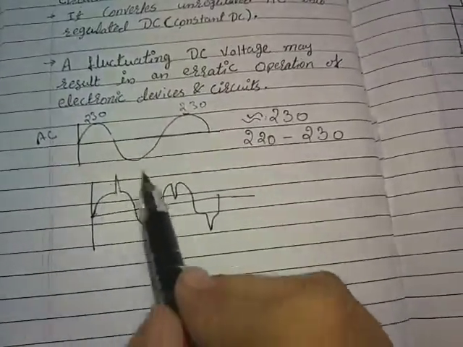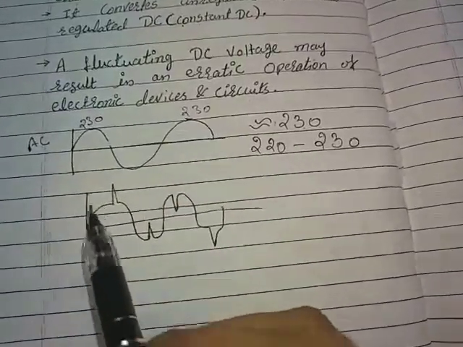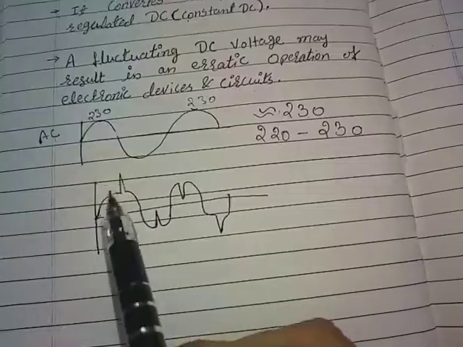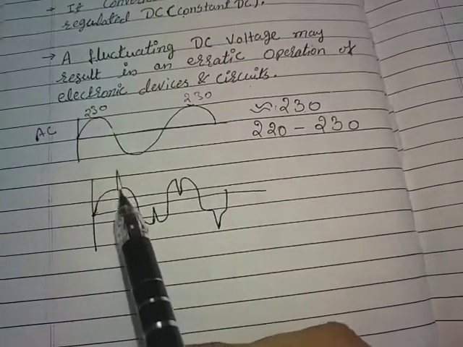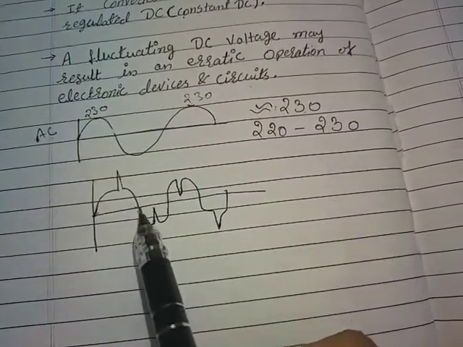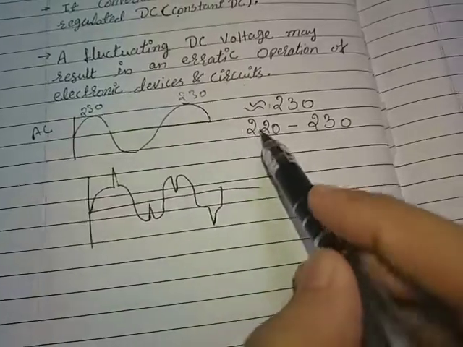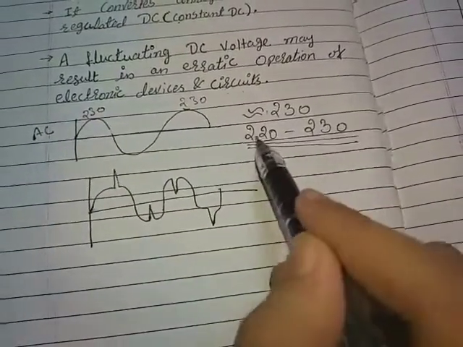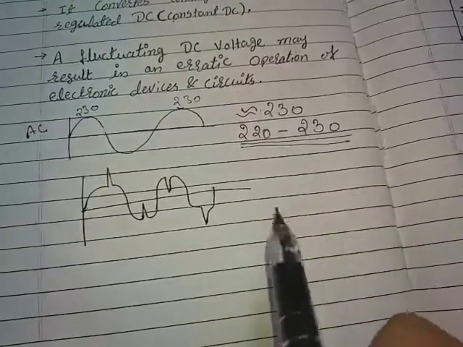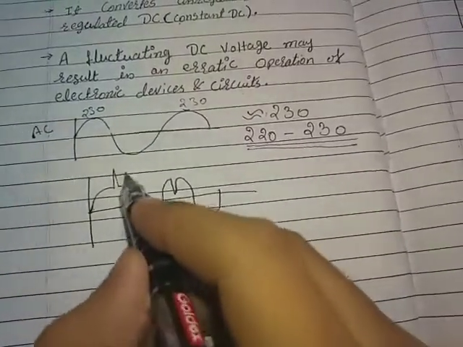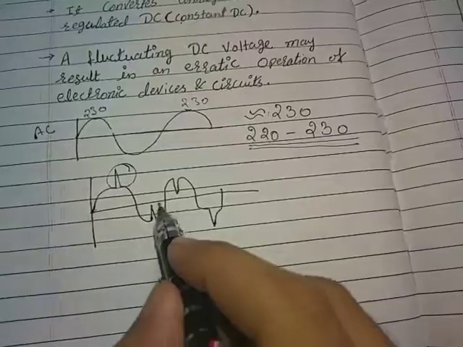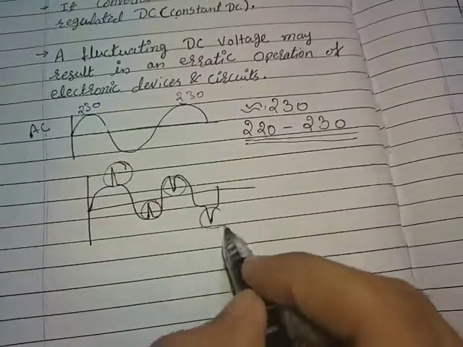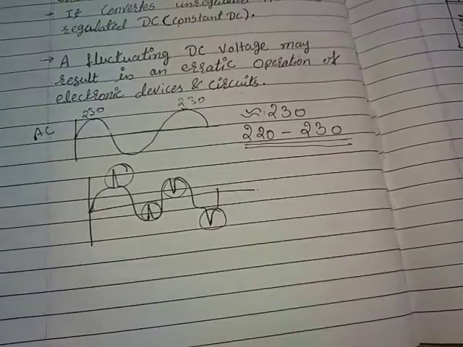It looks like a temple, but it is not a temple. This is the ideal case, but this is the actual case: a sudden rise or a sudden drop. This is why the voltage is fluctuating between 220 volt to 230 volt. This portion is known as ripple, or peaks.